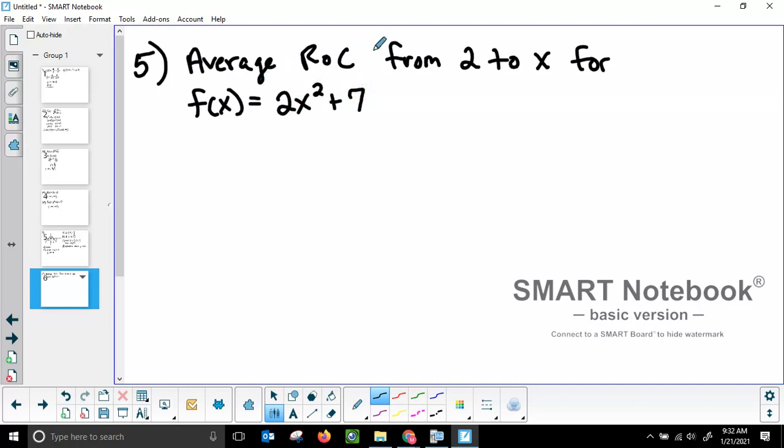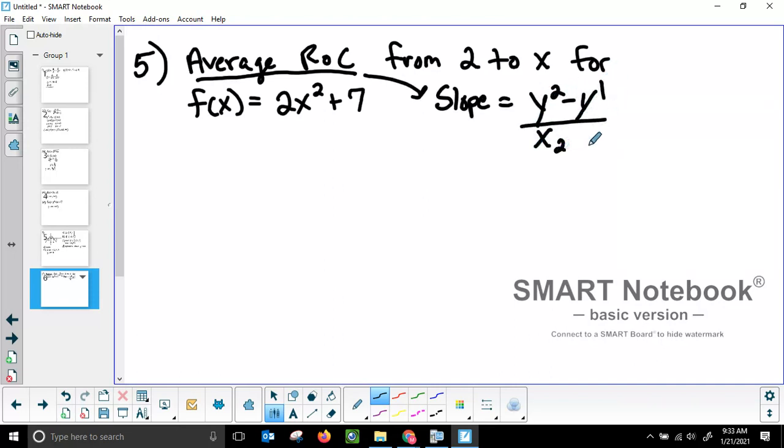Now average rate of change, all that means is slope. And our formula for slope is y2 minus y1 over x2 minus x1. So this is going to be my x1. This is going to be my x2.